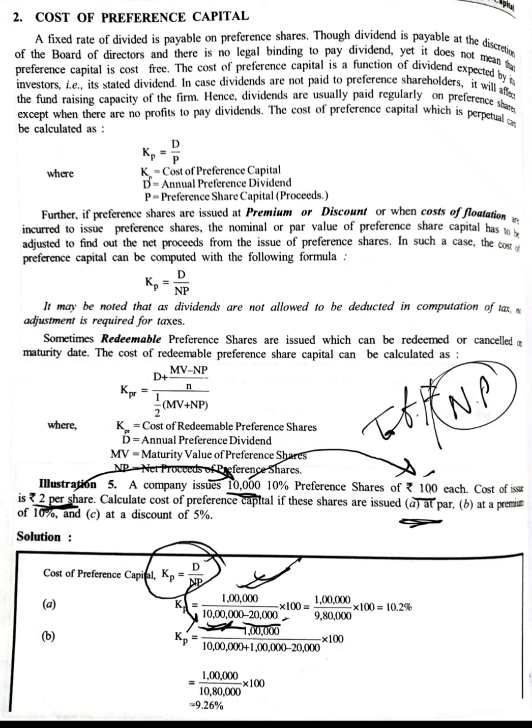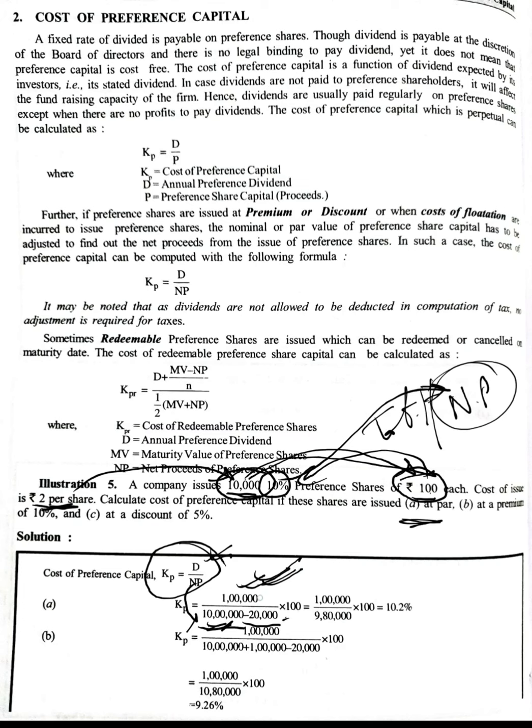Then dividend will be 10% of your face value. Remember, always the face value. So face value will be 10,000 into rupees 100. Whatever you're getting, take the 10% of it. So that's how I got 1 lakh rupees.